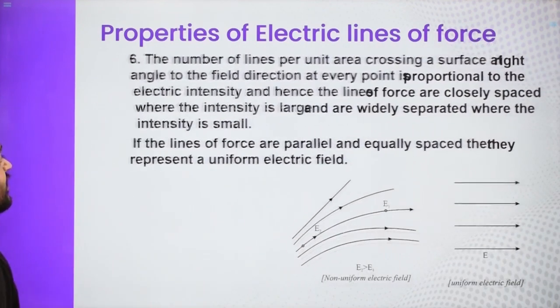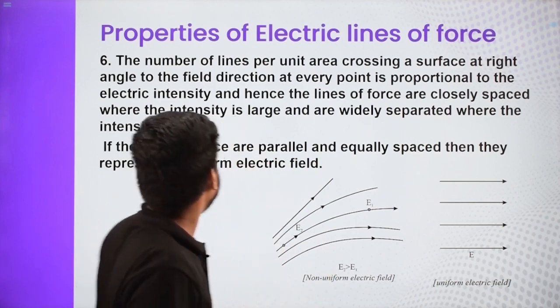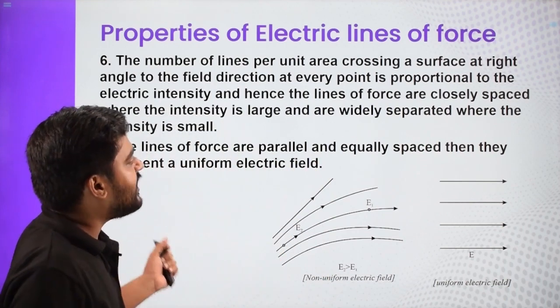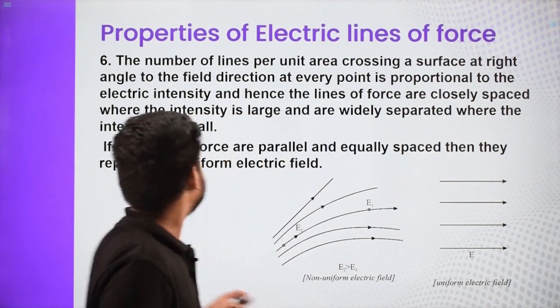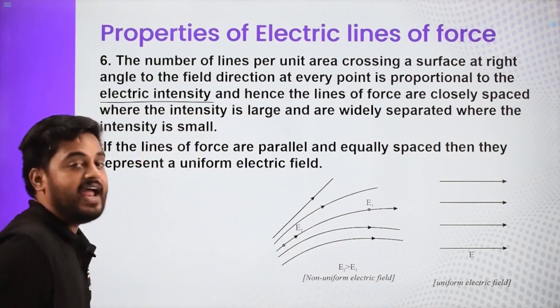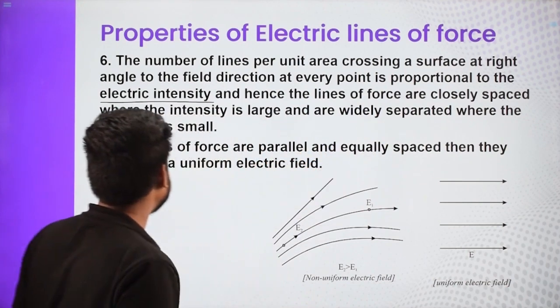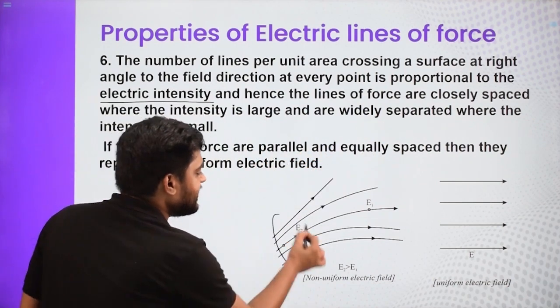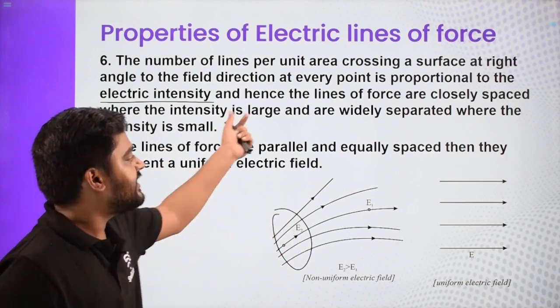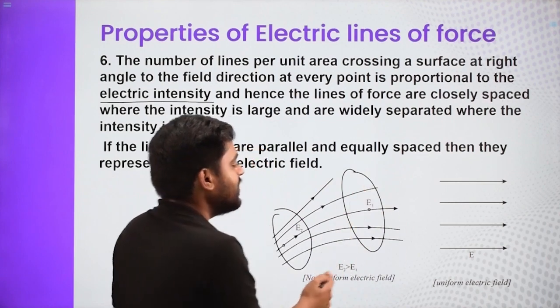Now next, the number of lines per unit area crossing a surface at any point is proportional to the electric field strength or electric field intensity at that particular point. Hence the lines of force are closely spaced where the electric field intensity is higher, and widely separated where the electric field intensity is lesser.